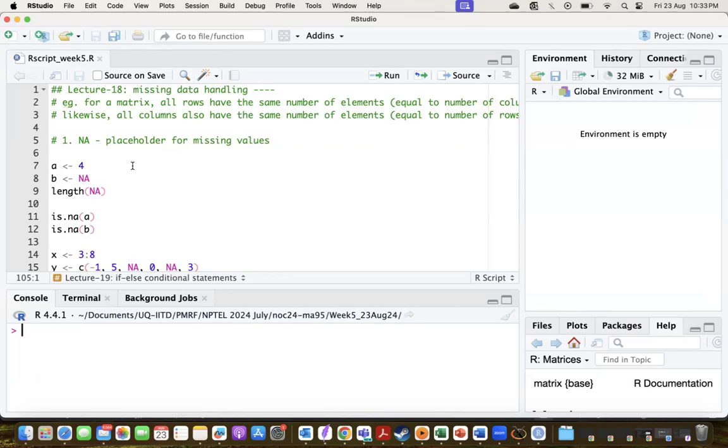Suppose 10 participants filled some data, but only 8 of them gave an answer for a particular question, and it's a numerical question, so you would like to take an average. Do you take an average considering that there are 8 elements only? Do you divide the sum by 8 or by 10? What do you think is the correct way to go about it?